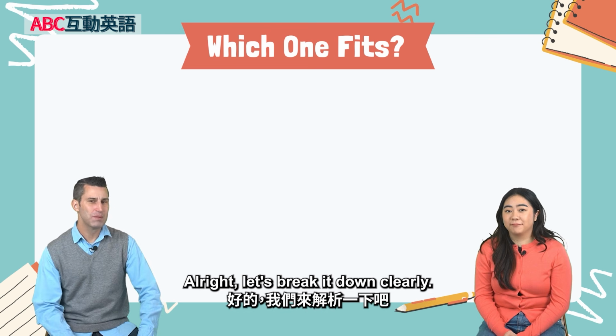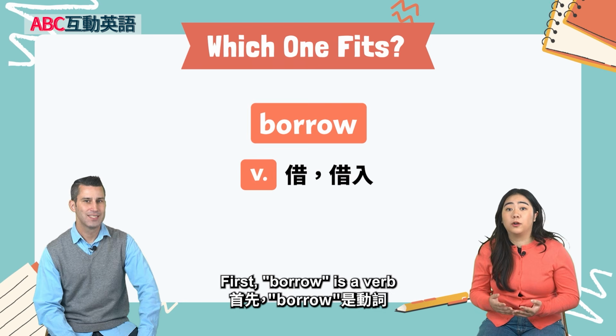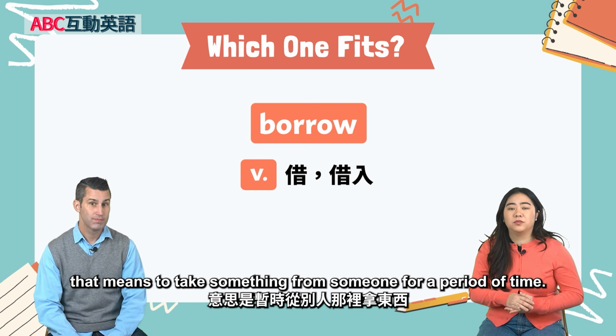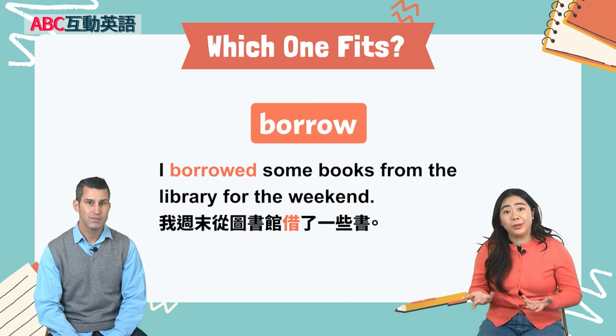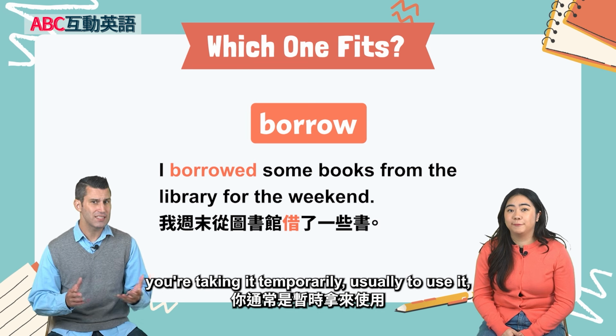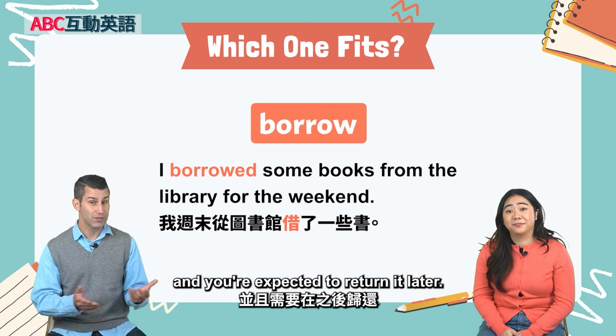All right, let's break it down clearly. First, borrow is a verb that means to take something from someone for a period of time. For example, I borrowed some books from the library for the weekend. So when you borrow something, you're taking it temporarily, usually to use it, and you're expected to return it later.